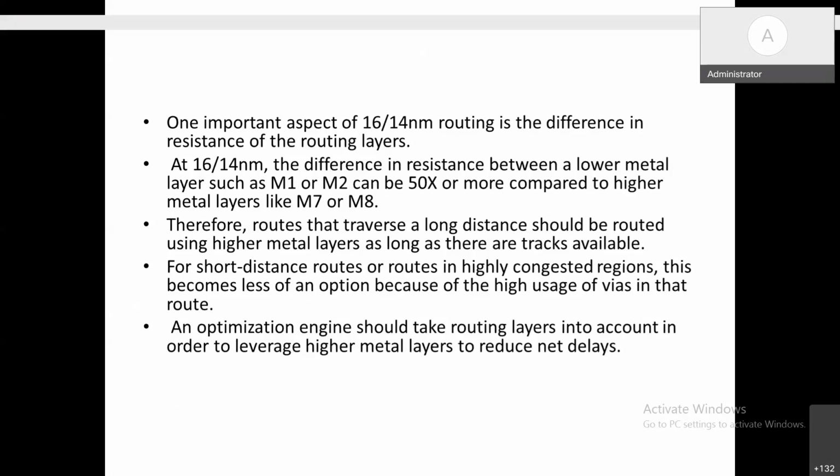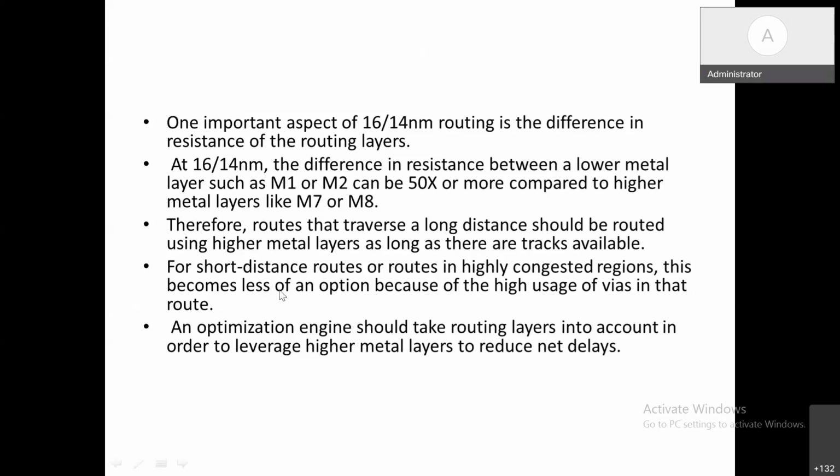This also says that there will be a routing difference when there is a metal layer 1 or a metal layer 2. If the resistance of the metal layers is different, then how do we route?